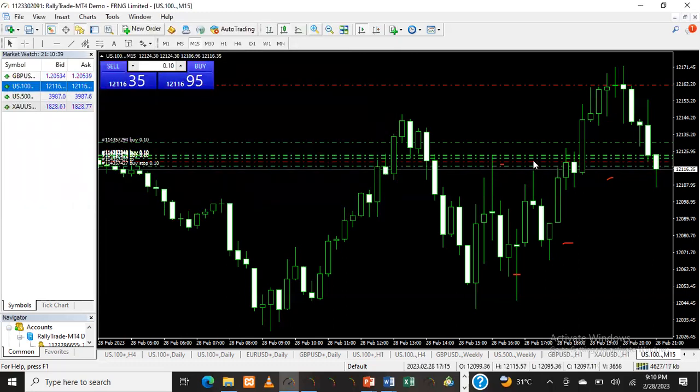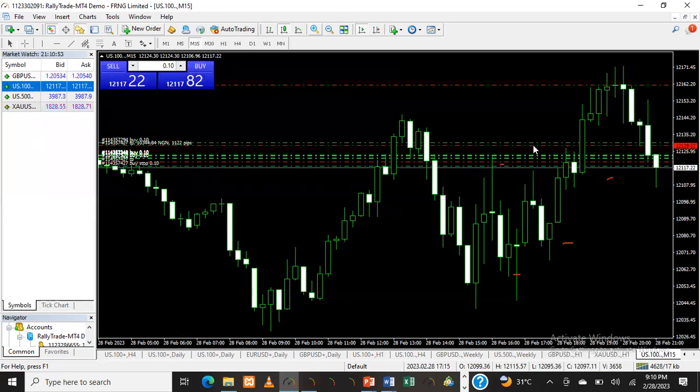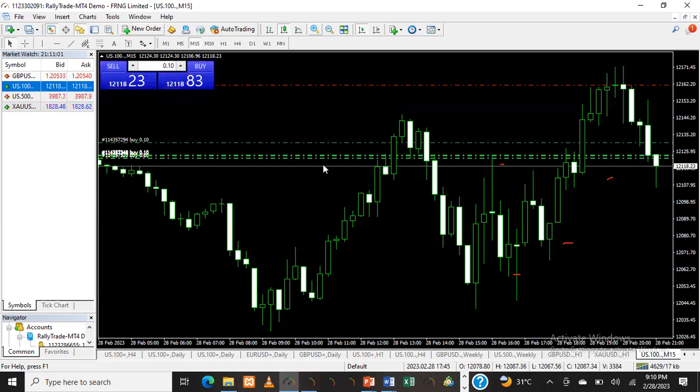So if I place this, okay, now, that trade won't be triggered because I already have open trades. Okay, let me pick any of these.